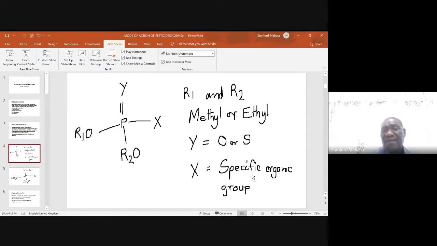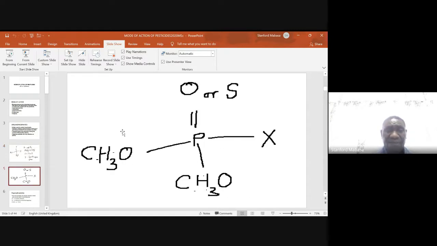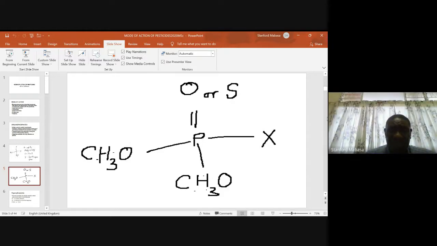X could be a specific organic group. So basically, this is the structure of an organophosphate. For example, here we have P attached to oxygen or sulfur. It's also attached to the methyl group via the oxygen, and we've got this X, which is another structure. So this is the basic structure of an organophosphate.